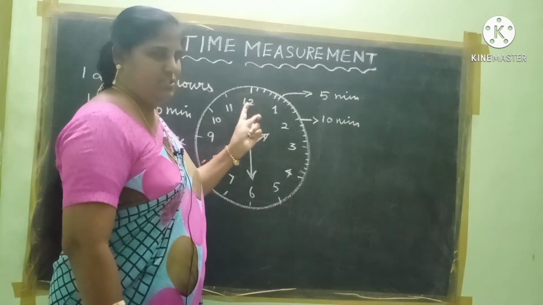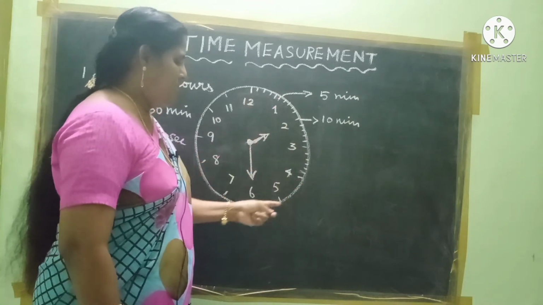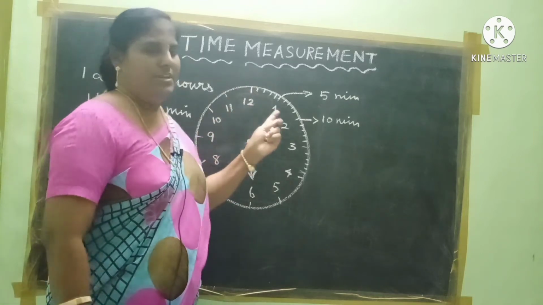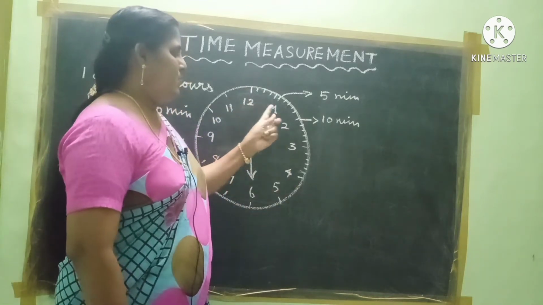60 minutes means when you complete one round, it makes 60 minutes. 60 minutes make 1 hour.